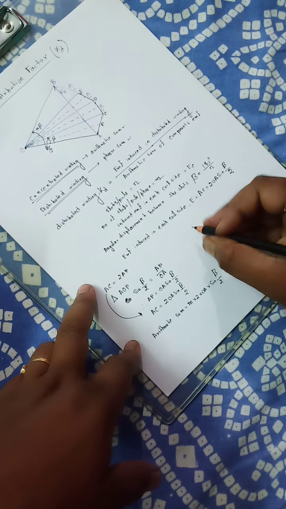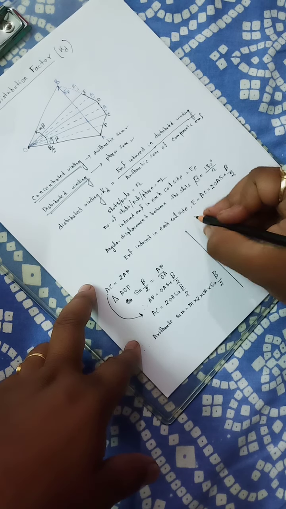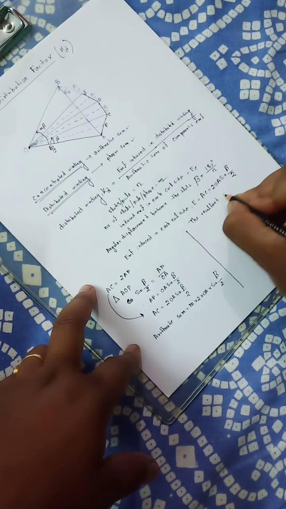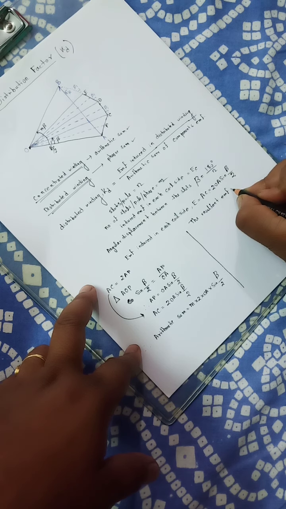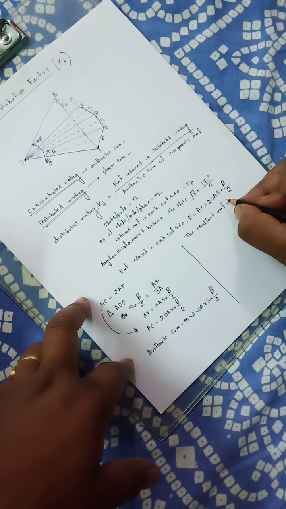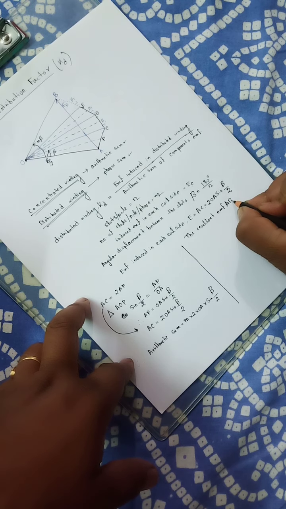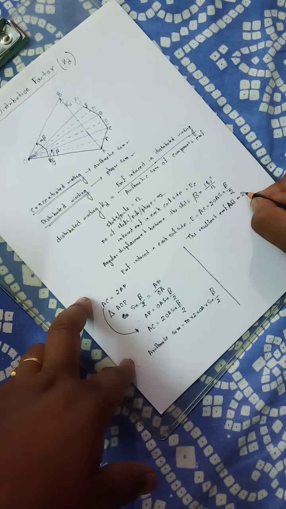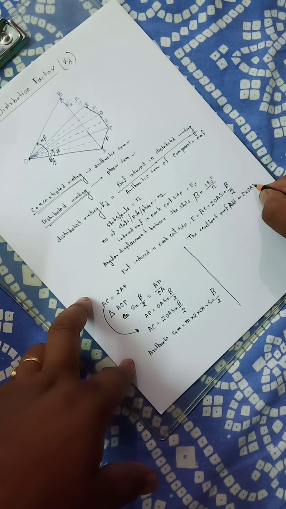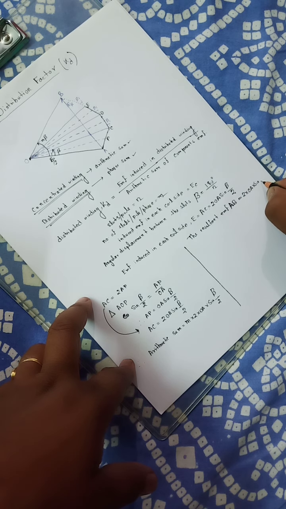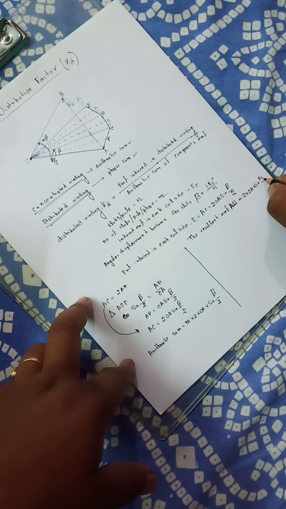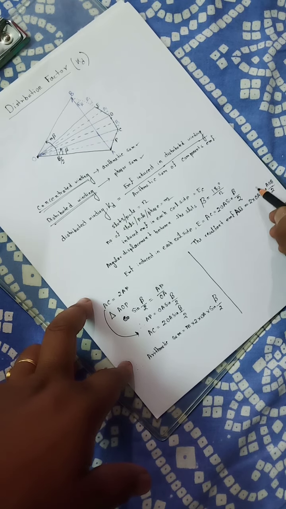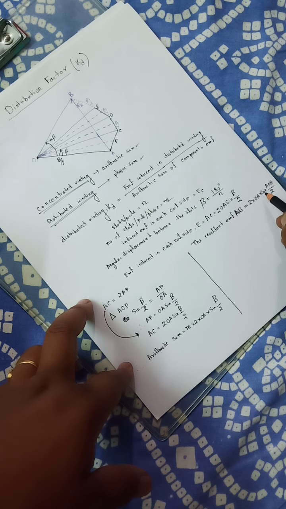So here we can say the resultant EMF is actually AB, this line from A to B. AB is given by 2 into OA into sine of angle AOB by 2. Now you may ask where I am getting this from.